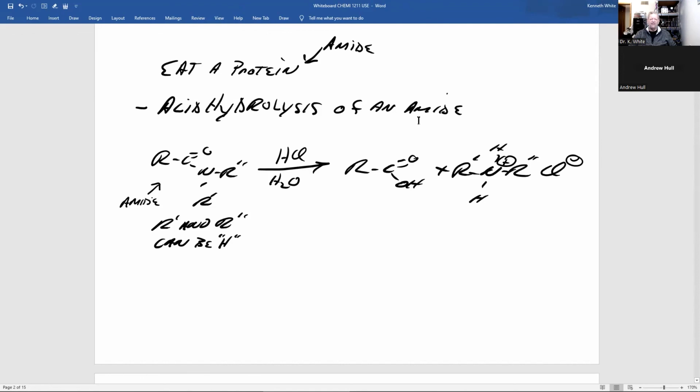That's how you describe what happens in your stomach when you eat a protein with words. The general reaction you should know, again, this is not for test 4, this will be for the final, but you should know this. Amide, acid, and water, you get back the carboxylic acid plus the amine salt you would have used to make that amide.